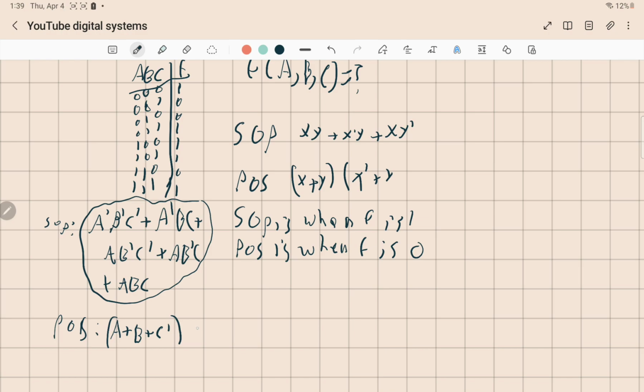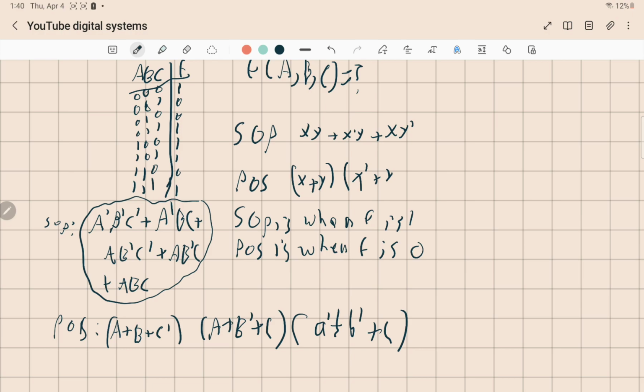So it's times A plus B not plus C, times A not plus B not plus C. So that's the POS.